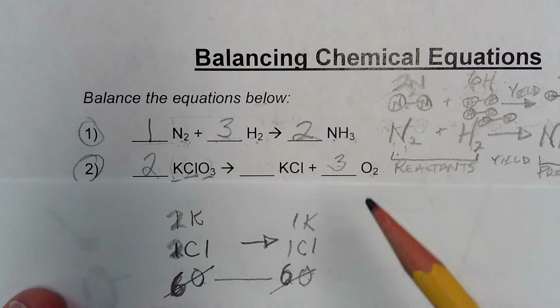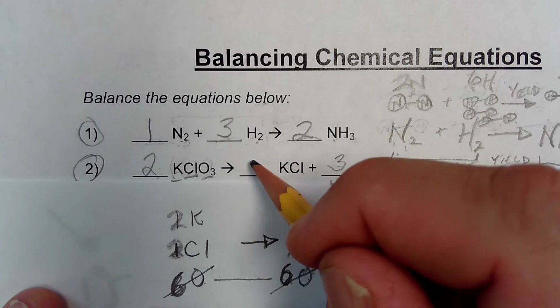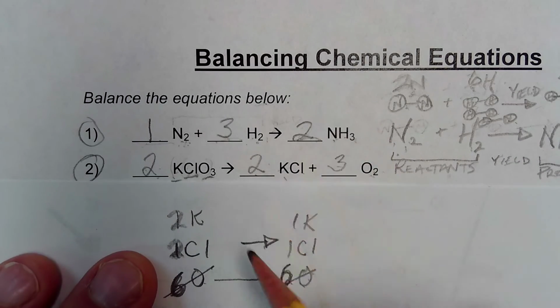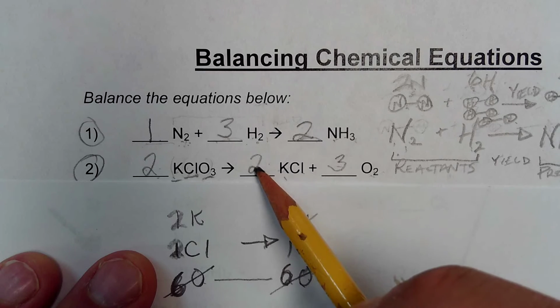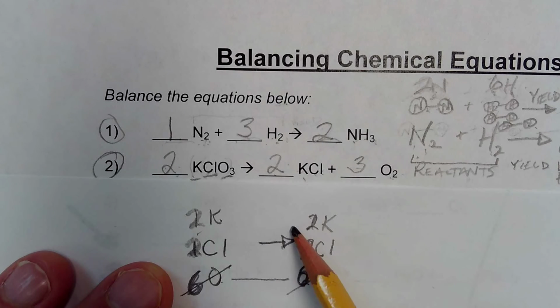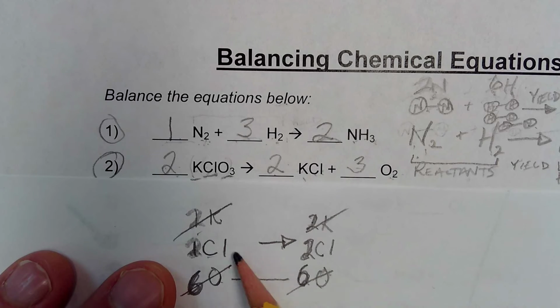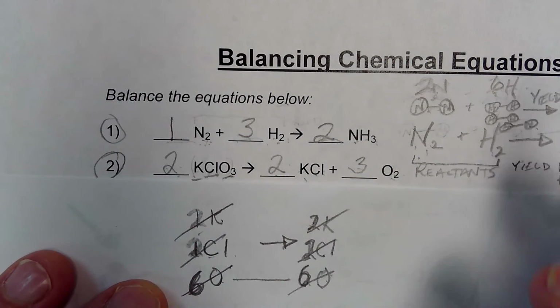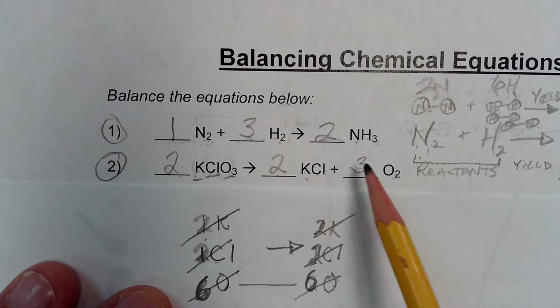Now I'm just going to say, let's put a 2 here, okay? This will give me 2 potassiums, and actually at the same time gives me 2 chlorines. And now I can see 2 potassiums, those are equal. They're balanced. 2 chlorines, balanced. Everything's balanced, okay? With these 2, 2, and 3.